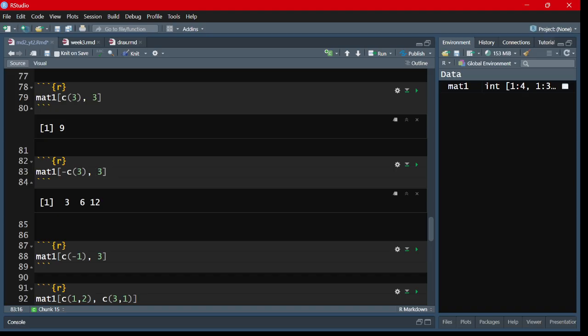And I think there will be an error if I place minus here. I think this is an error. No, this is also the same. That's really amazing to see that if we place this minus before 3, inside this vector, it gives us the same output.